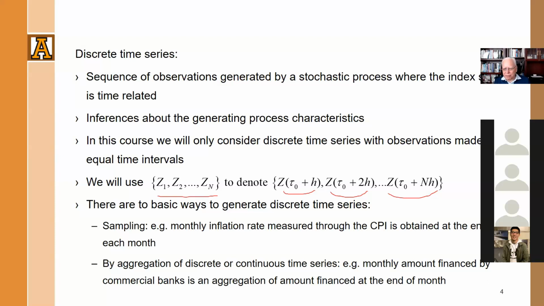But what I measure here is the aggregation of all those amounts financed by the different banks at any period of time during the month. So those are the two ways that we can get a discrete time series.